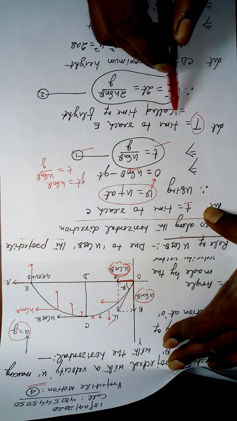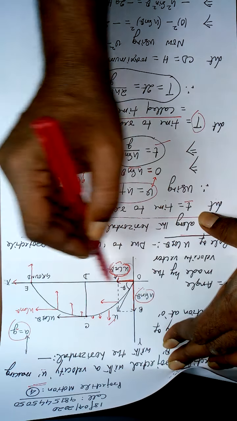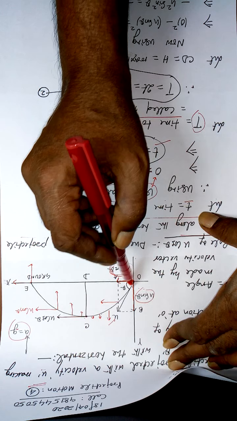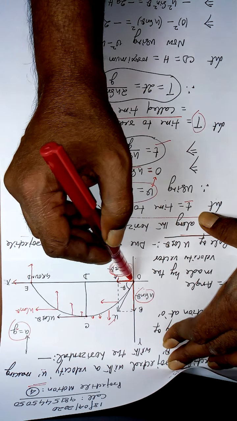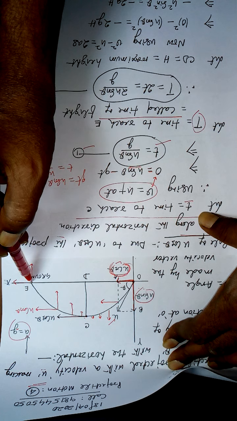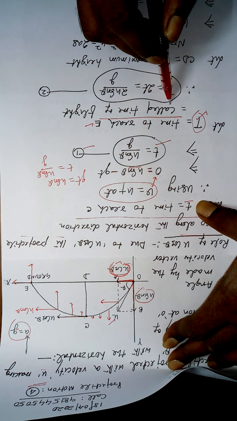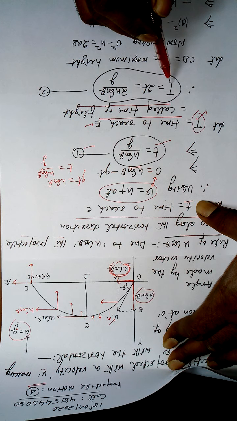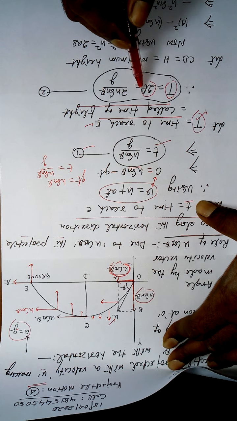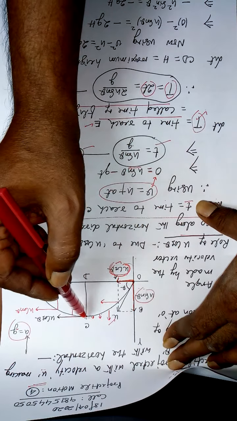Let capital T be the time to reach E, this point. It means the level from which it was projected, it again comes back to the same level at E, capital E, in time T. This time is called the time of flight. So this time T will be twice the small t, because this diagram is symmetrical.